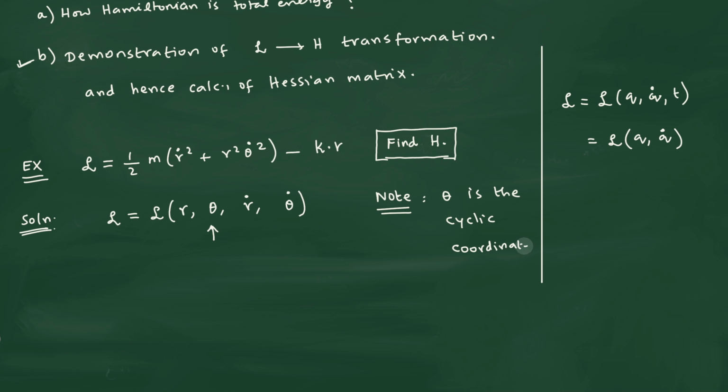So first of all, you will have to write down by making the count correctly. Okay, the number of dotted variables and the number of undotted variables should be equal. So in that way you write down and then find out what is missing there, and those missing quantities are known as the cyclic coordinates. Cyclic coordinate is also known as the ignorable coordinate.